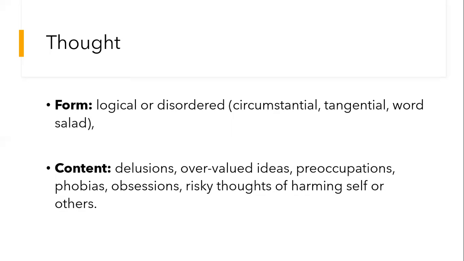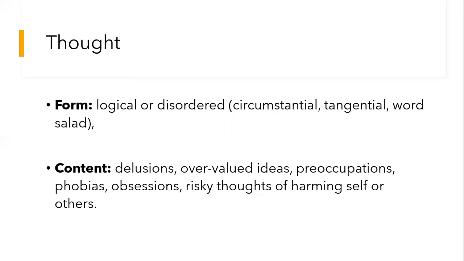The second part of the thoughts is the thought content, and that's the content of what that person is thinking. So what exactly are they talking about? Are they expressing any delusional beliefs at that time? Are they expressing overt delusional beliefs, where they're spontaneously coming out with that delusion?